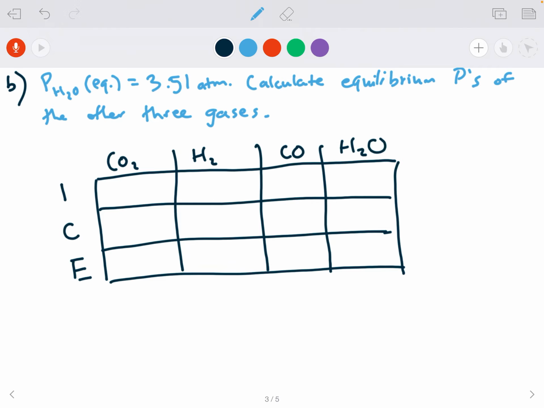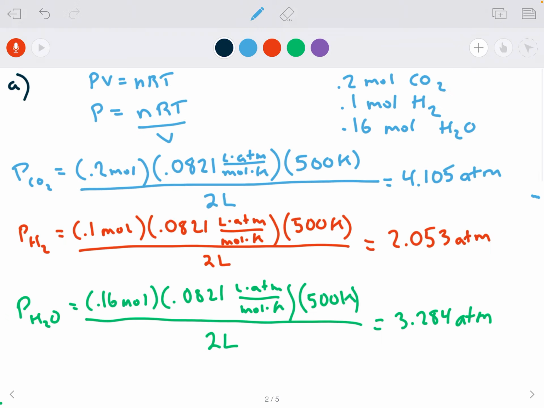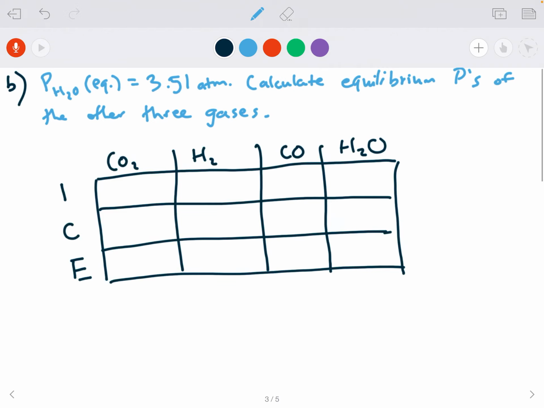Those are the 4 compounds involved in this. The I stands for initial, C is change, and E is equilibrium. So the first row is going to be the initial partial pressures, each of them, which we solved in part A. So CO2, it's 4.105. For H2, it's 2.053. For CO, it was 0. And for H2O, it's 3.284.